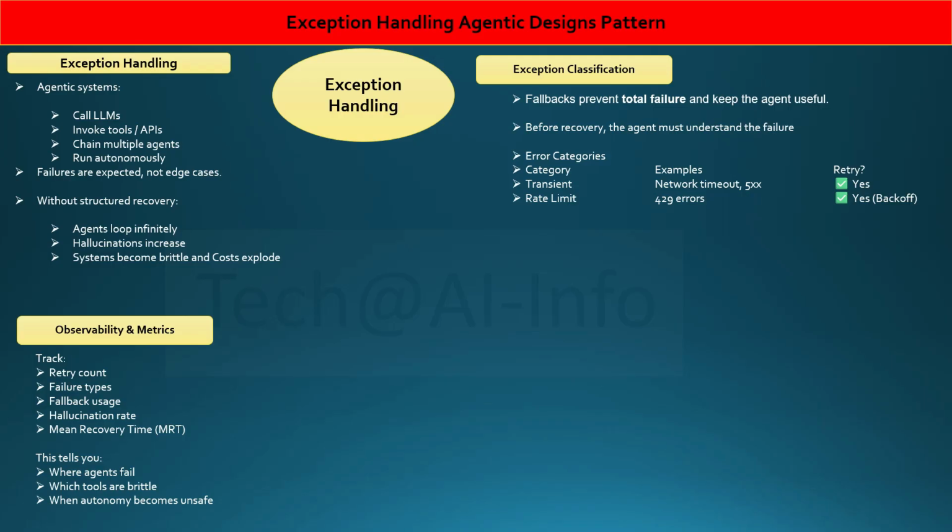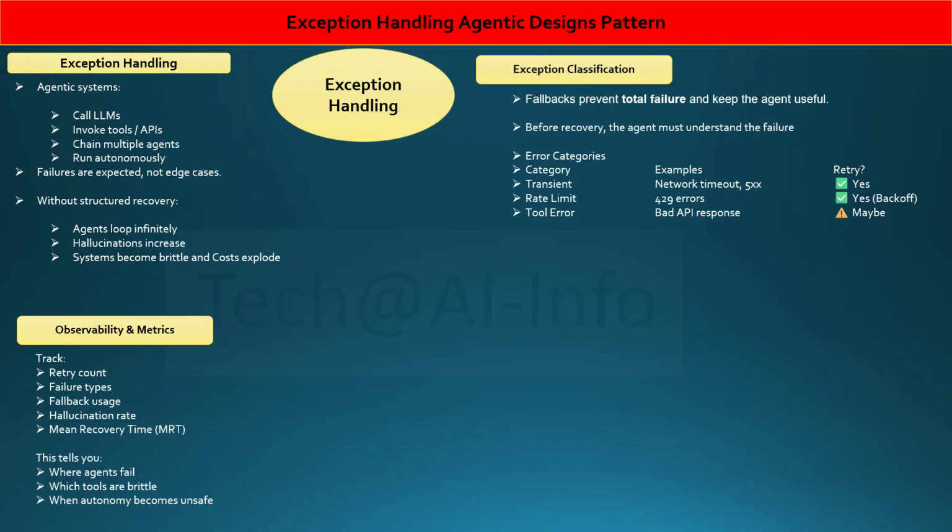Retry is yes, and the correct recovery is to pause, use exponential backoff, and reduce request rate. Why does naive retry fail? Immediate retry makes the problem worse and can trigger bans or throttling.